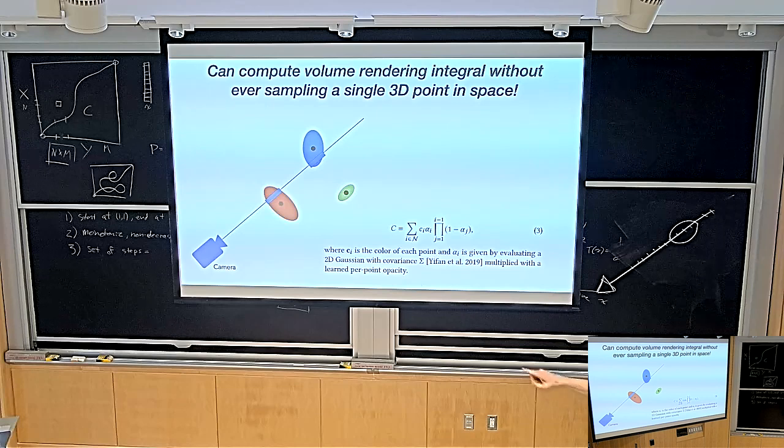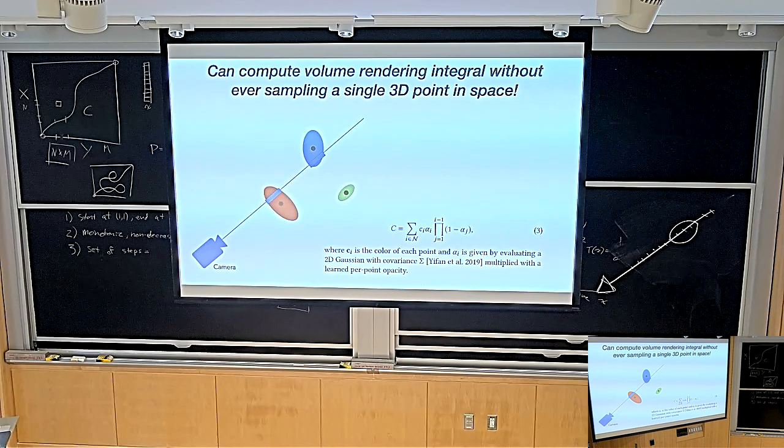Now you have an analytical expression for the integral of the ray through that Gaussian. So you go through the list, evaluate that analytical expression for each Gaussian, weight the color of the Gaussian according to that integral of the density along the ray, and slot that into this weighted sum that we remember from volume rendering.